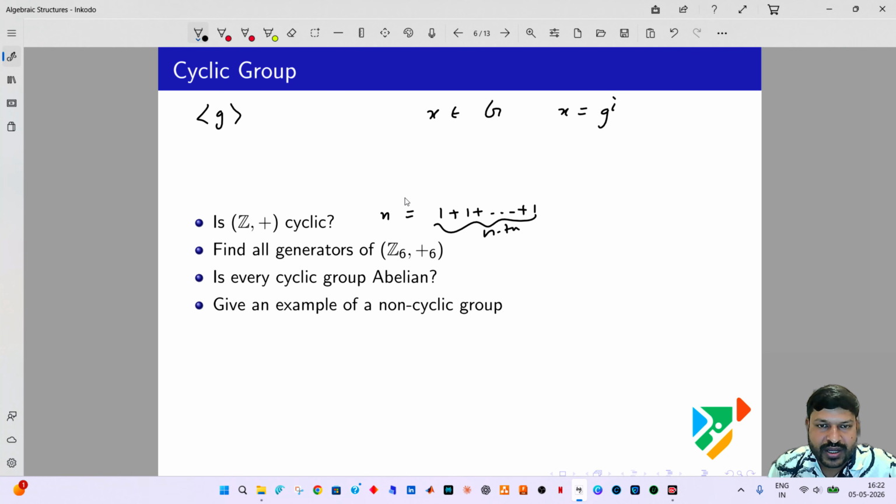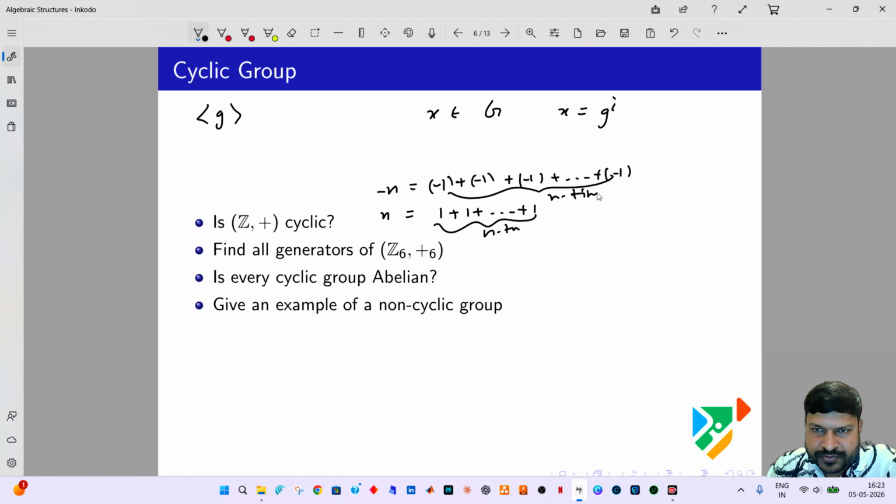What about minus n? Minus n can be generated as minus 1 plus minus 1, and so on, minus 1 n times.